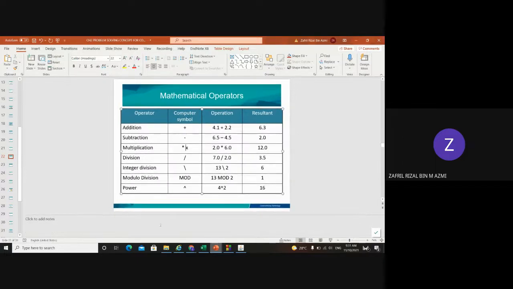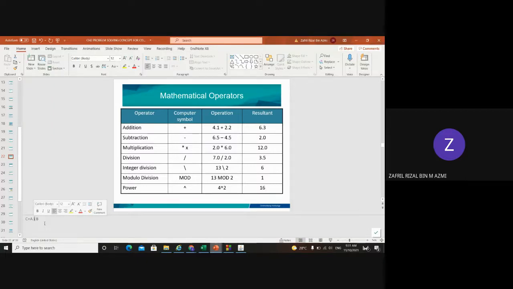For example, C equal to A multiply by B. If you write this statement in your program, you will get an error, because you use the wrong symbol. X will be translated as a variable in your program. That's why you cannot use AXB to do multiplication.